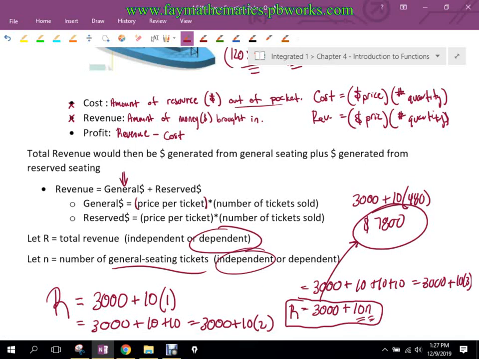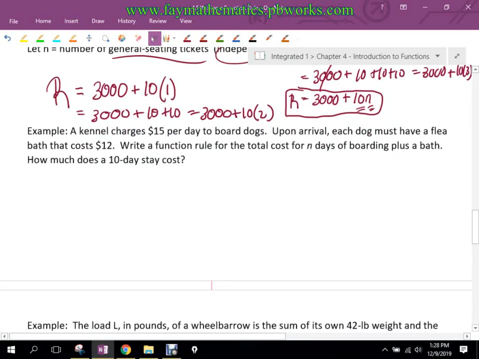Is this something we can do? Real quick, I got a couple minutes here. Real quick, read this one about the dog kennel. Okay. Now it says that you're using N for days. Okay, days is a time, right? And time is always independent or dependent?